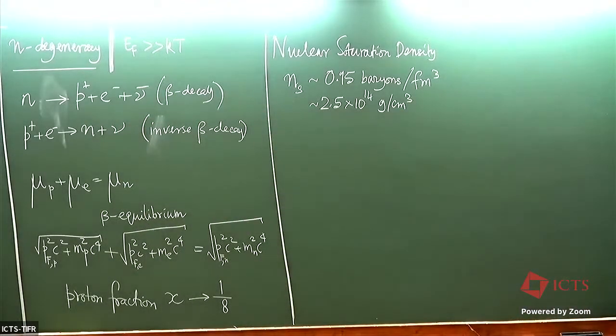It's an important number to remember because most activity of neutron stars will be in reference to this density.